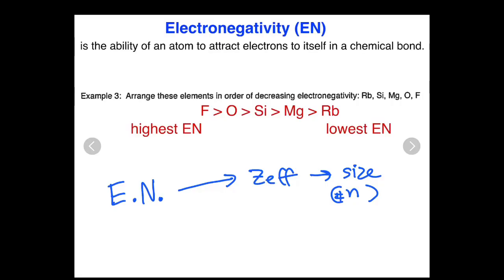The effective nuclear charge will tell you pretty much how it's going to attract electrons and things like that, because it's the attractive force from the nucleus.